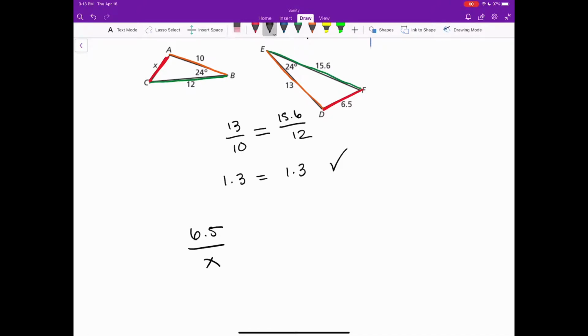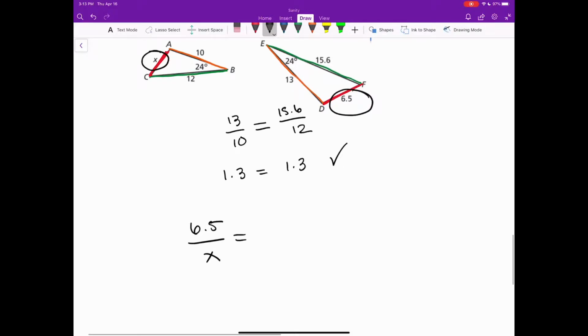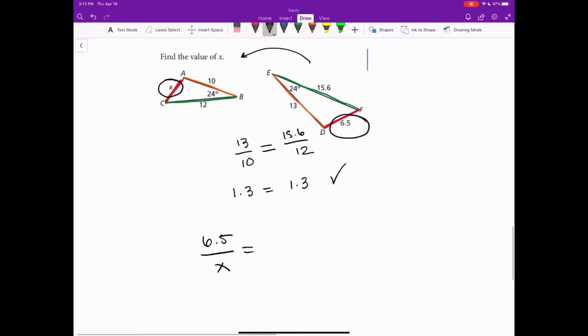So I just did 6.5 over x has to be equal to the same ratio. I'm just going to pick the 13 and the 10. So the 6.5 to the x has to be the same ratio as 13 to 10, equal to 13 over 10. And now I can just solve for x, right?